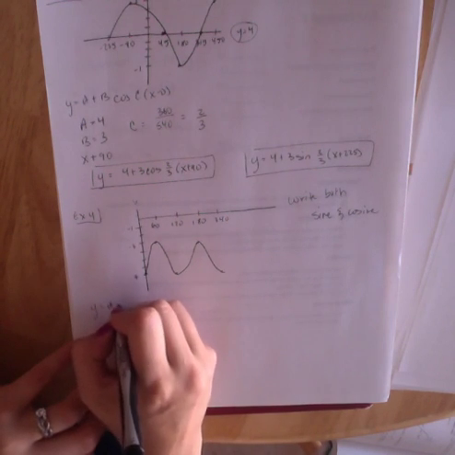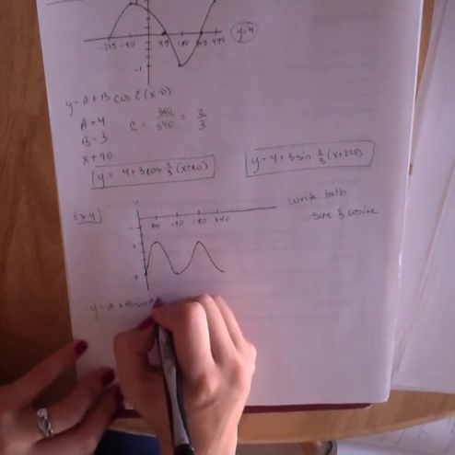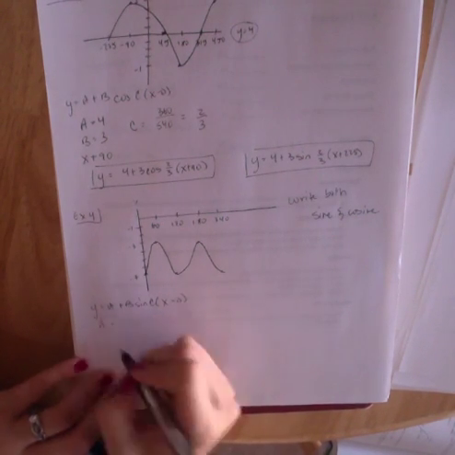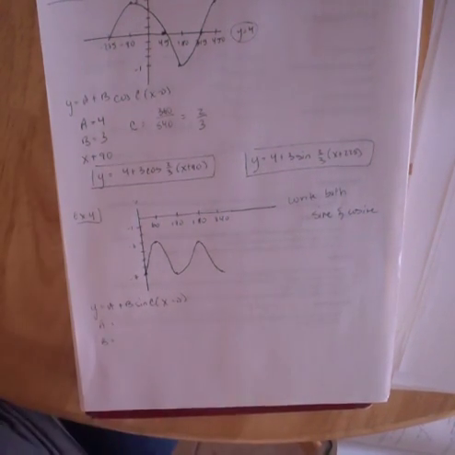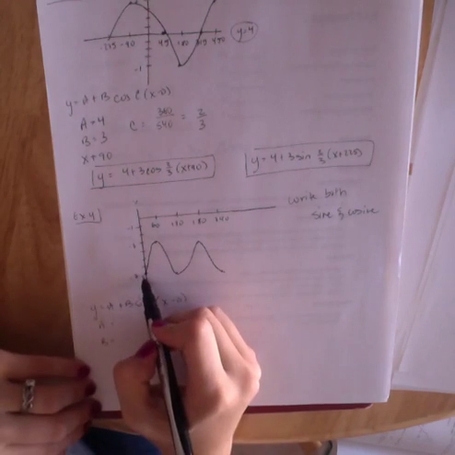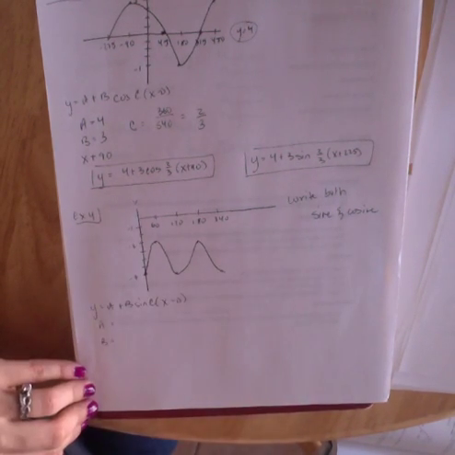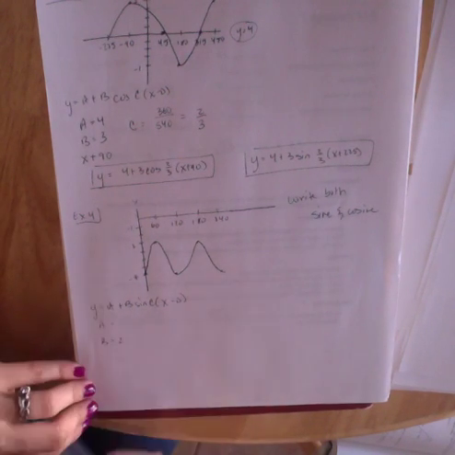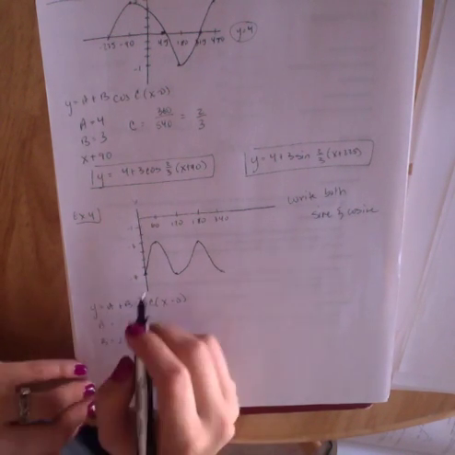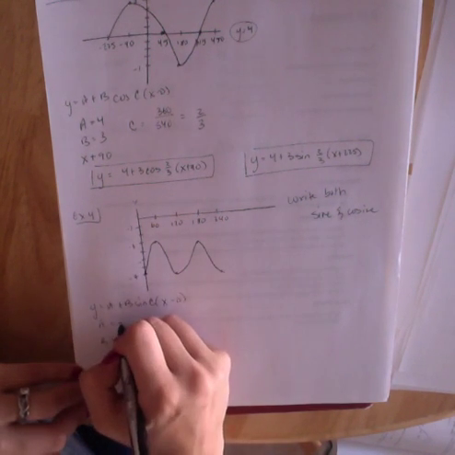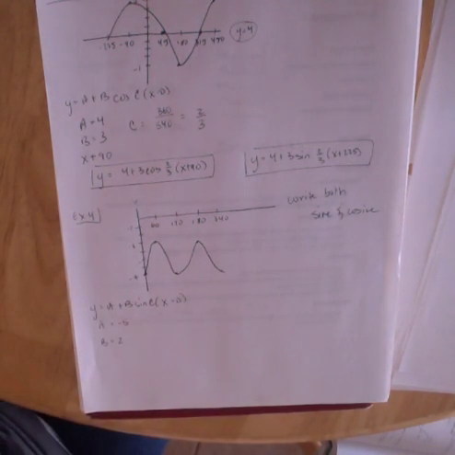So I'll have y equals a plus b sine of cx minus d. A is going to be harder to find, so let's find b first. I look at the distance between negative 7 and 3, which is 1, 2, 3, 4. I divide that by 2, which gives me my amplitude is 2, which means for my center line, I go to my top and go down 2. So my center line is negative 5.